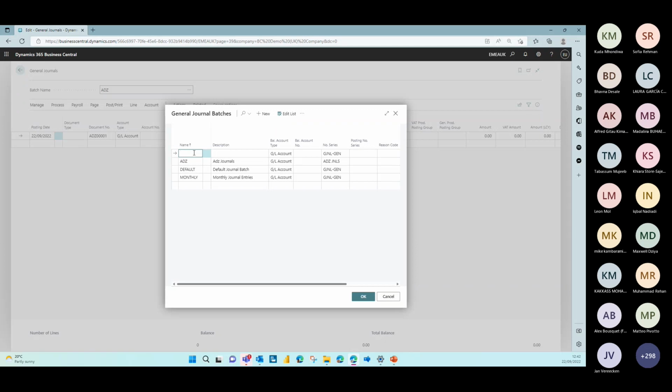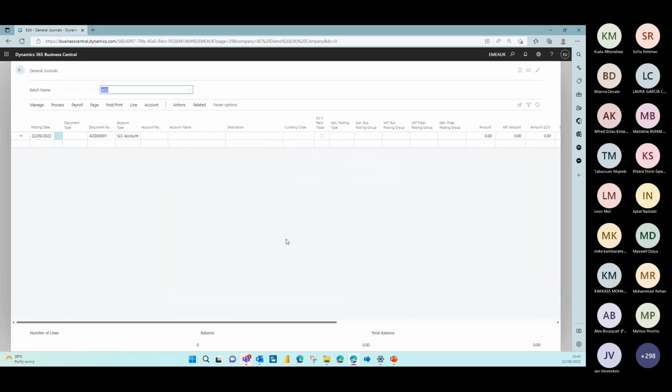The reason is because if everybody just uses default, because this is real time, can you imagine 5 users all using the same batch? When they're all trying to post at the same time, using the same page, same batch, and because this is real time, Business Central will go, we're in conflict. So that's why I always encourage people to create their own batch name in the journals for each journal. It doesn't just have to be general.